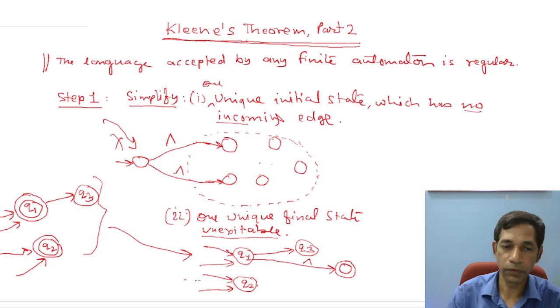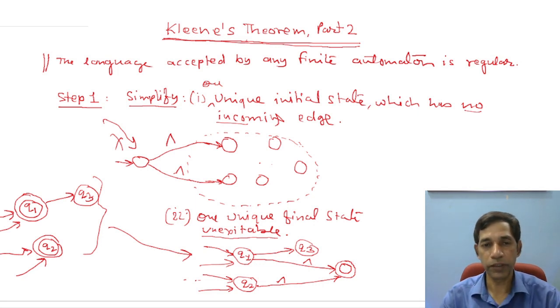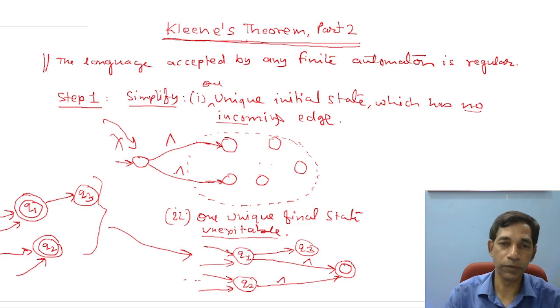From q2, which was also a final state, you can go to this unique final state by making a null transition, and you see that there is no edge leaving this final state. So this is the simplification you have to do first.